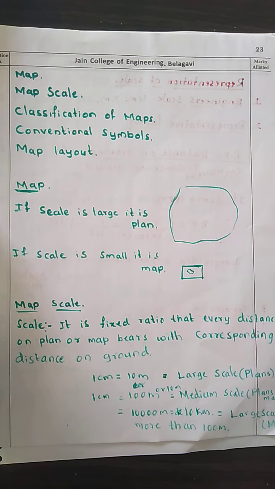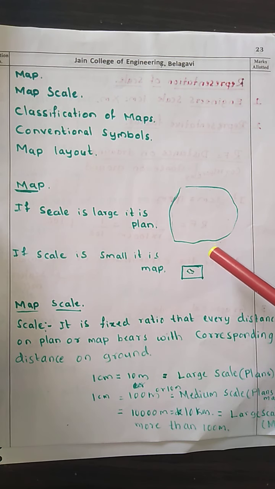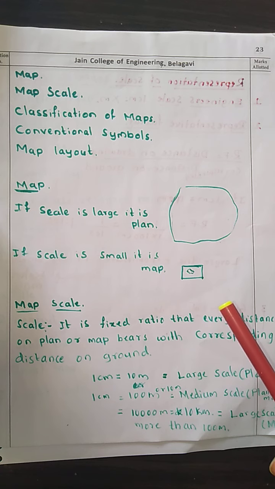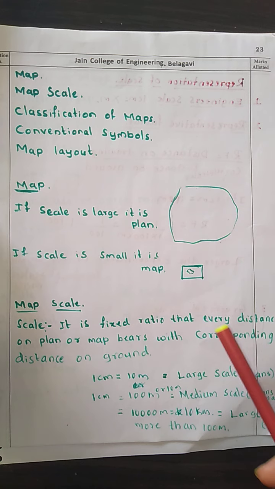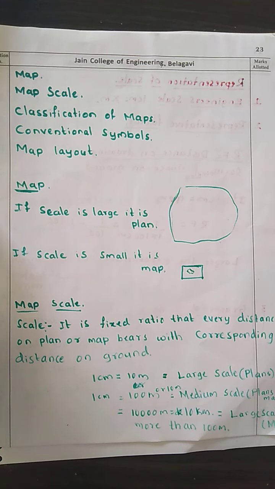Now if the representation scale is large, we either represent an estate or a building, and then we call it a plan. How it is large and how it is small, I will tell you. And if the scale of a map is small, we call it a map.